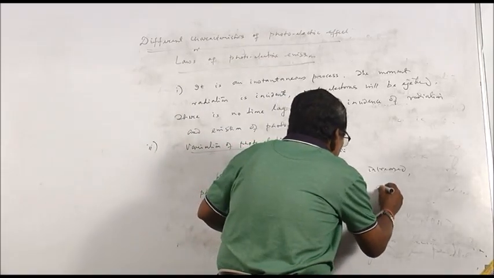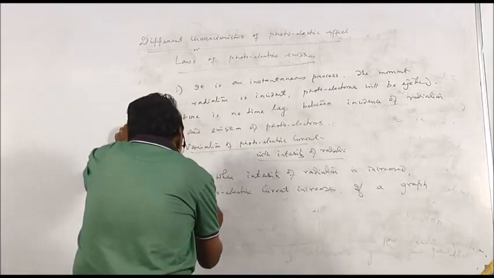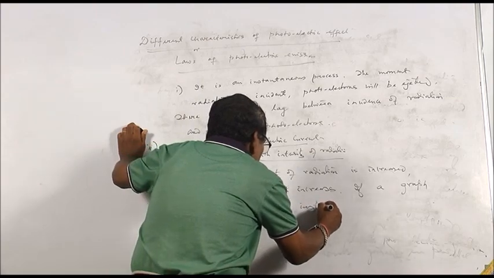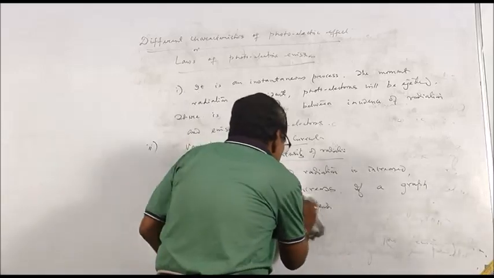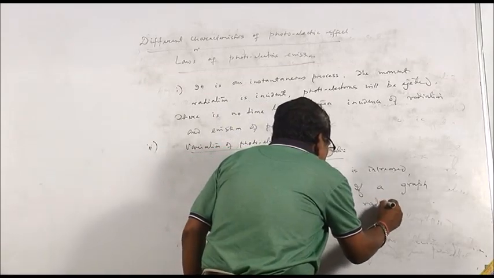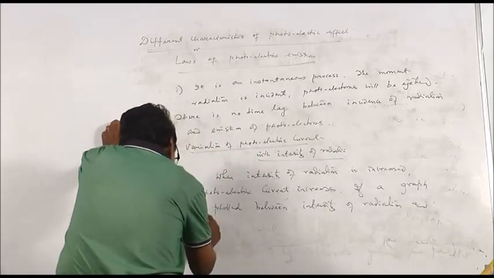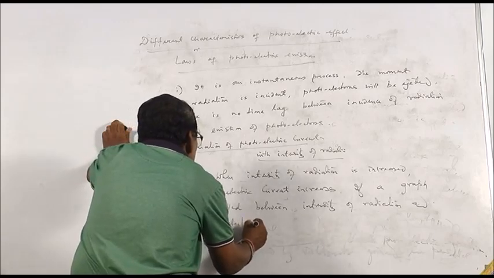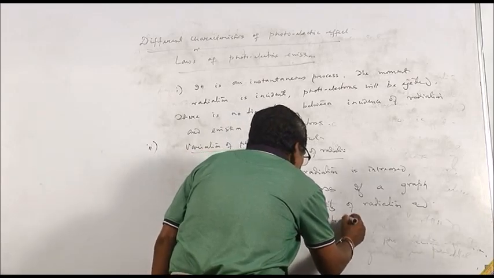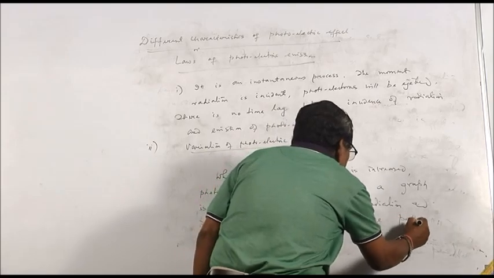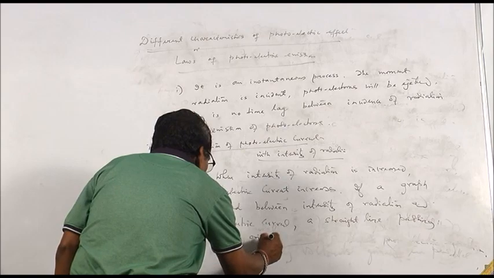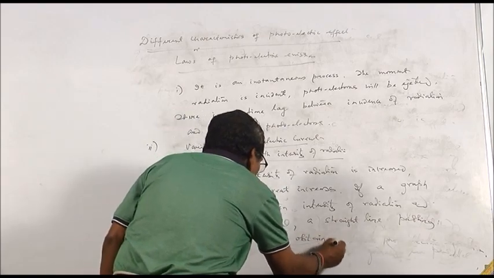If a graph is plotted between intensity of radiation and photoelectric current, a straight line passing through the origin is obtained.